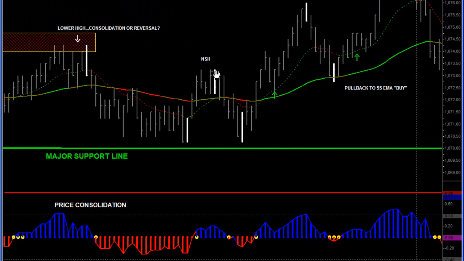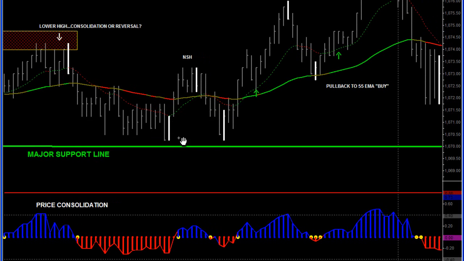Notice it didn't make a new swing high from this upper pivot here. So what happens? The market wasn't ready to take off. It pulls back down and retests the zone again. Prior pivots are assumed valid until broken. This pivot low demand is still valid.